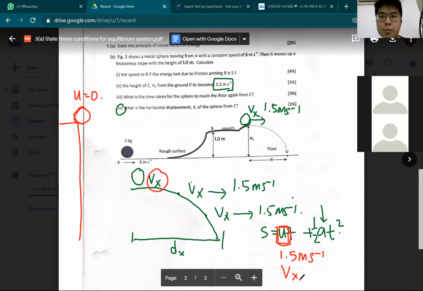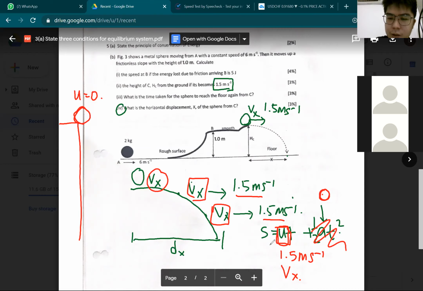before it falls, it is moving at 1.5 m/s. Now acceleration, there's no acceleration. Acceleration equals 0, 因为 Vx 都是 constant，对不对？Vx is the same 1.5, so it's constant. So since acceleration is 0, we cancel out this term.